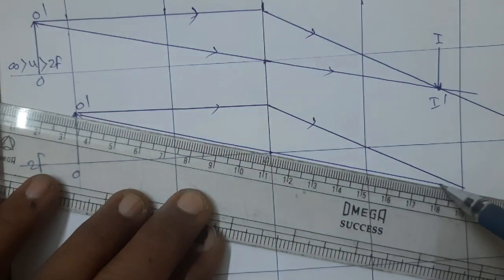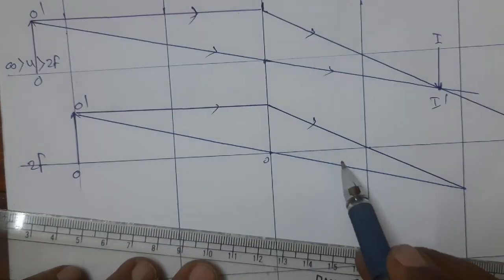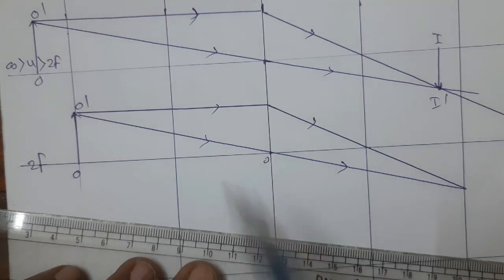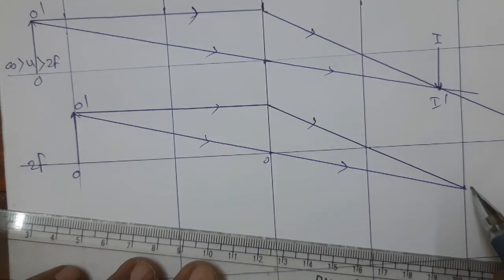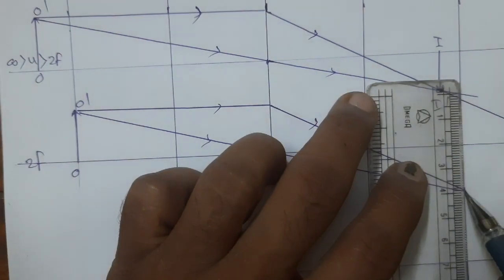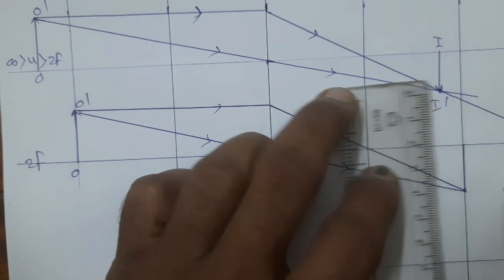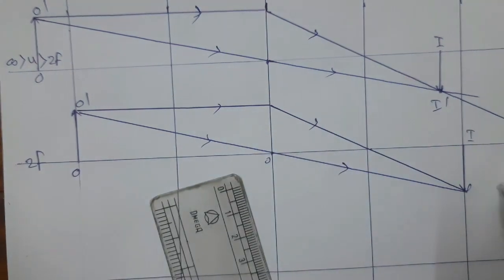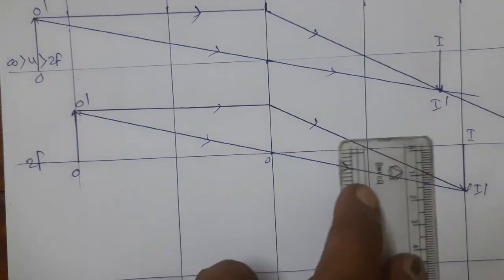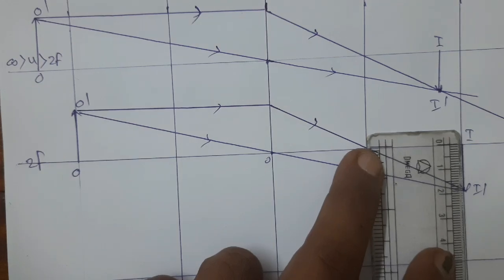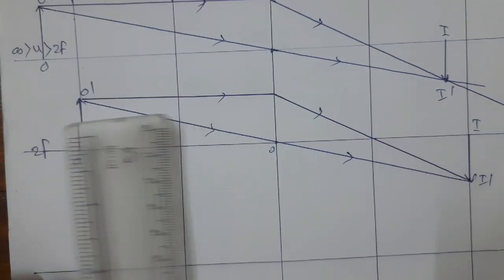I can see that this will meet the first ray at 2f, correct? This is at 2f, and therefore the image will be something like this. This will be the image. It is I dash, and the interesting thing is that this image is exactly of the same size as that of the object.